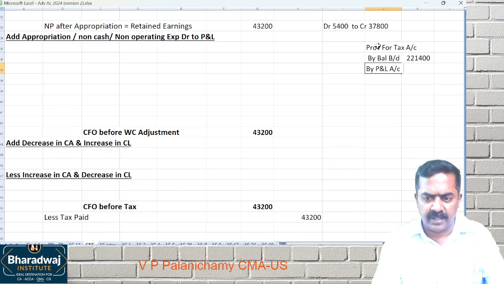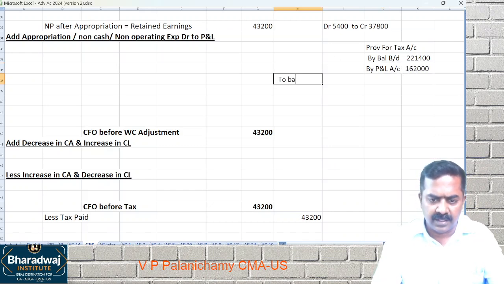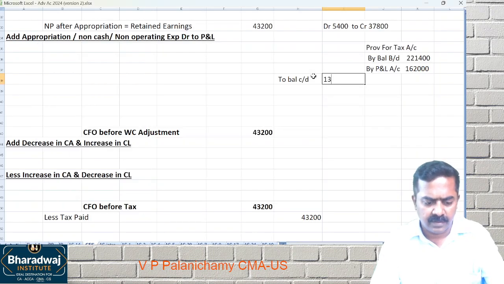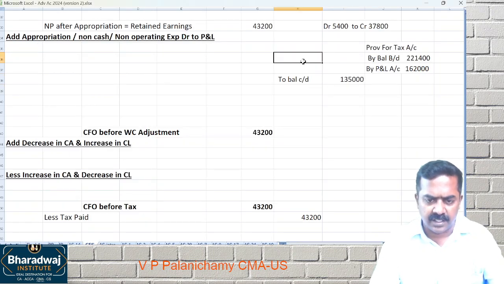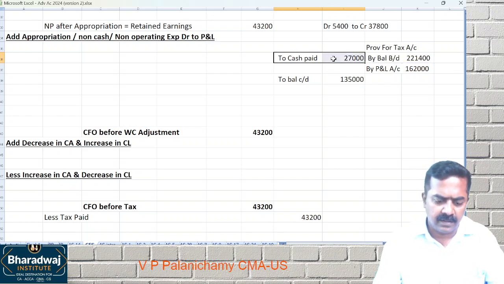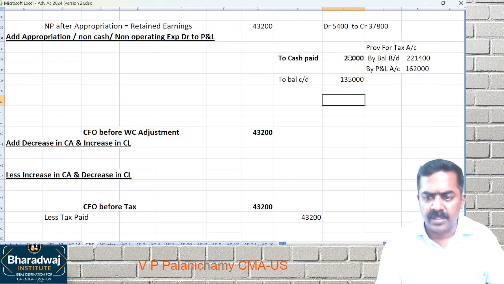What is income tax provided? 1,62,000. To balance carried down is given in the question. How much is given in the question? 1,35,000. Balancing figure is tax paid. What is the tax paid? 27,000.